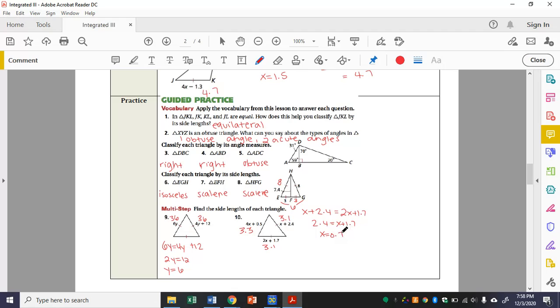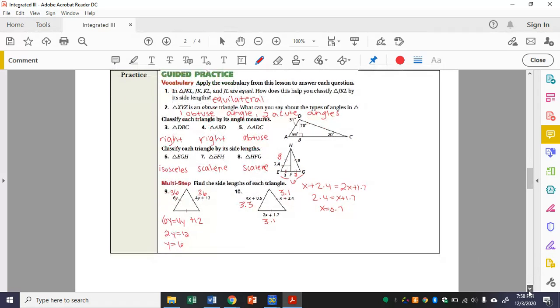Once I have that value for x, I'm going to plug that back into these equations and get my side length. So I plugged it into this one. I know that this is going to be 3.1. We don't necessarily have to plug it into this other side length because I automatically know that this side length must also be 3.1. But I do want to plug it into this last one because it's a different length. So when we do that, we should get 3.3 for that last side length.